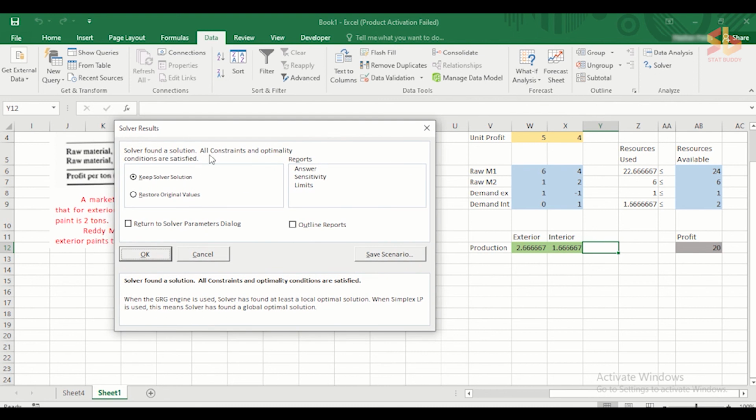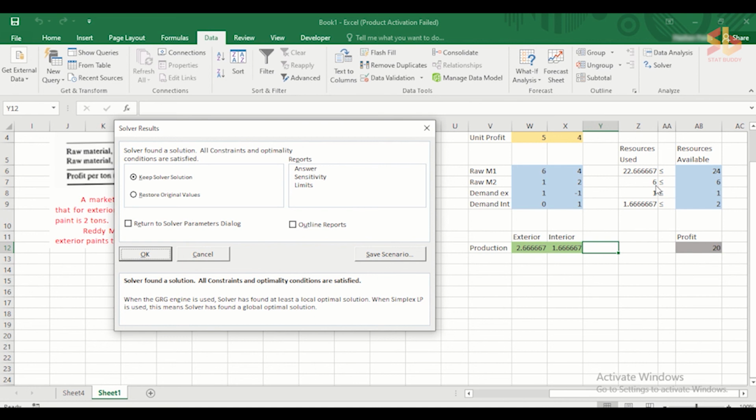Solver found a solution will be displayed in this result sheet, and you can get the answer, sensitivity report, and the limits of the answer. Which means here you can see by producing 2.66 tons of exterior paints and 1.66 tons of interior will give the maximum profit of 20,000 for this company.